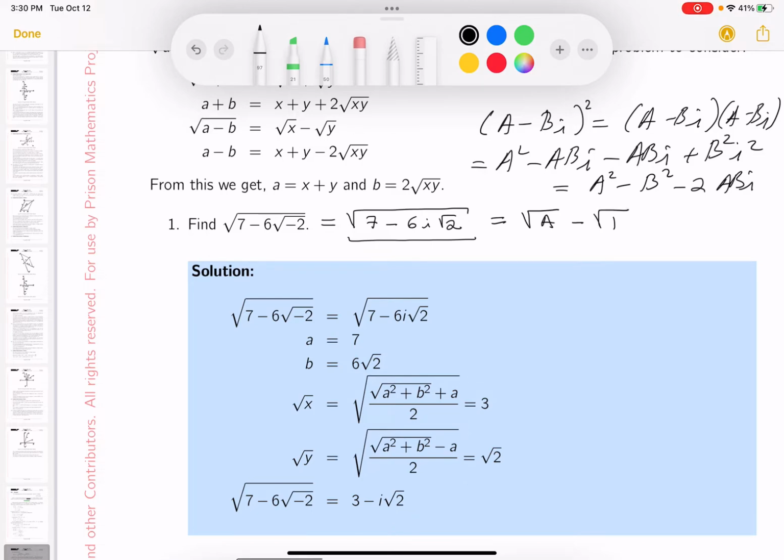Minus the square root of b, i. Well, I'm still going to square both sides. 7 minus 6i root 2. This will be a. I just did it before, by the way, but now these are square roots, so it's going to be a, not a squared, minus b, minus 2 root ab i.